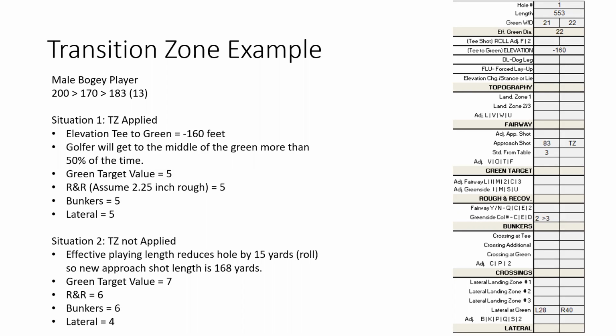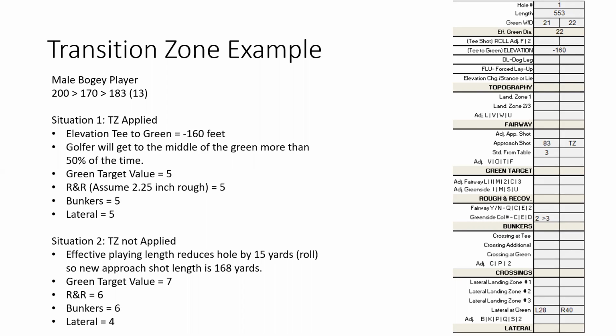For somebody that knows nothing: if in situation 2 I get an extra 15 yards of roll, so I've got a closer third shot, and I add up all the values we've computed in 1 and 2, in the first example we've got 20 for all those numbers, and we've got 23 in 2.